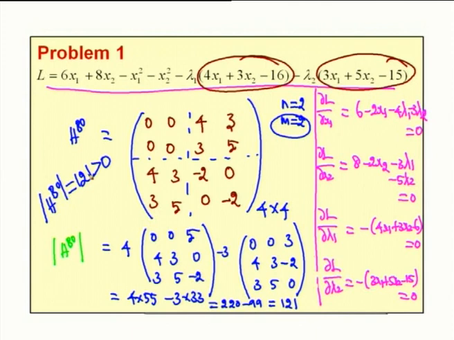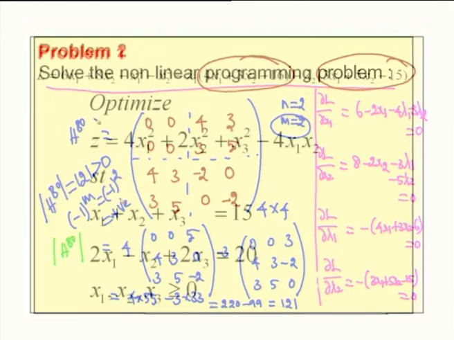For this given problem, (-1)^m is (-1)^2, which is positive. So, the sign of the determinant of the bordered Hessian matrix coincides with (-1)^m, positive. Therefore, this problem gives the minimum value for the given objective function.